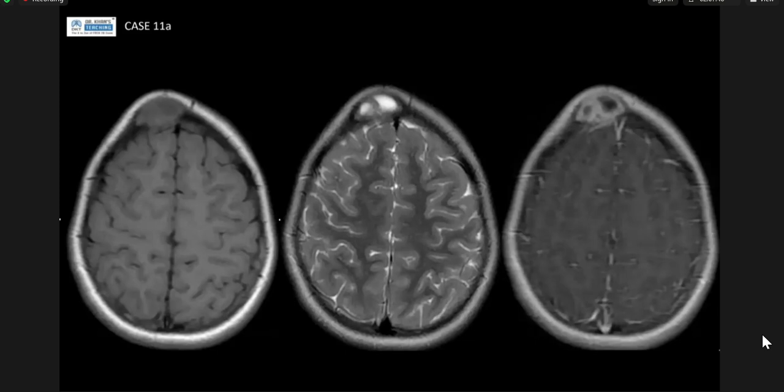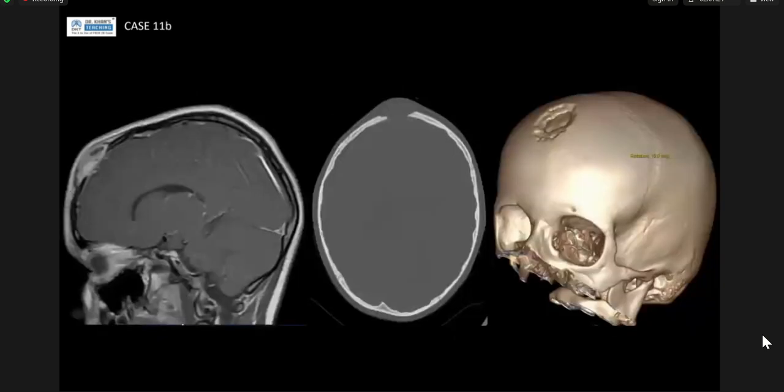I think in T2 it is showing high signal with internal low signal. And I think this is the right side, the contrast study, showing well-defined, well-enhanced margin with low signal in the middle. Good.